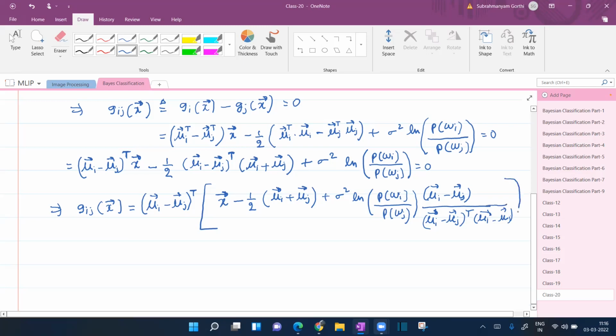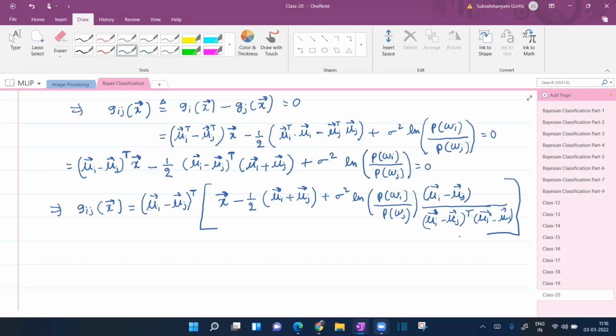This has to be clear to you. Now if I multiply it, see the numerator and denominator, it has mu i bar minus mu j bar whole transpose into mu i bar minus mu j bar, correct? Which is a scalar. So you are just multiplying with a scalar and dividing with a scalar. Do you agree with that equation? Are there any questions? Is everybody able to follow that?